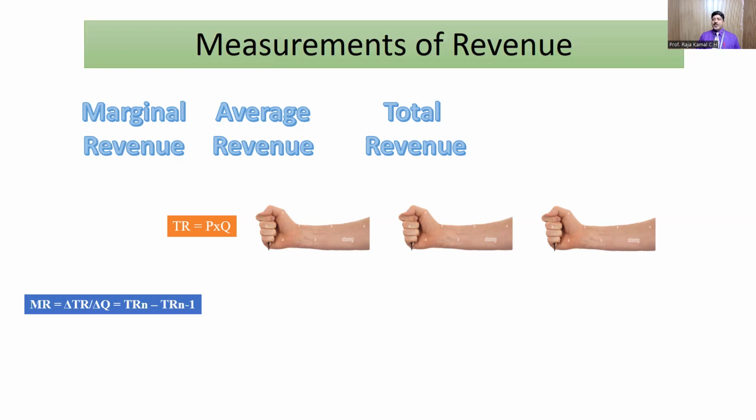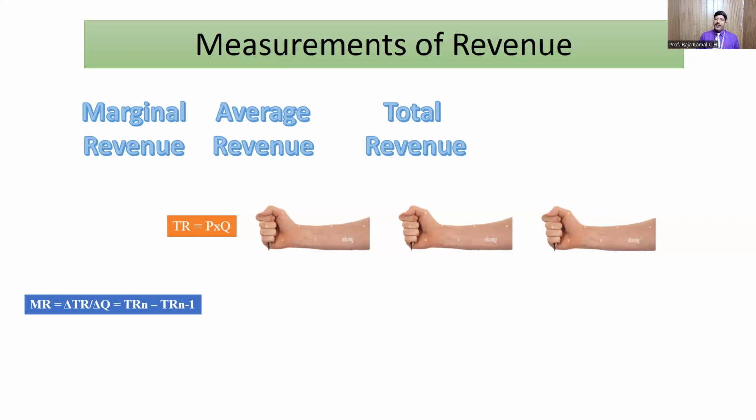Suppose I produce five units, and each unit I sell in the market for 10 rupees. 5 into 10, 50 rupees is the total revenue. Now, due to the demand in the market, I have to produce 2 more units.